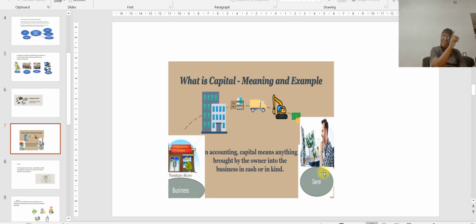So the income and expenditure of the owner should be kept separate from the income and expenditure of the business to arrive at the true income statement, that is how much income is generated from the business or loss is suffered in the business, and the financial position of the business, that is known as the balance sheet.